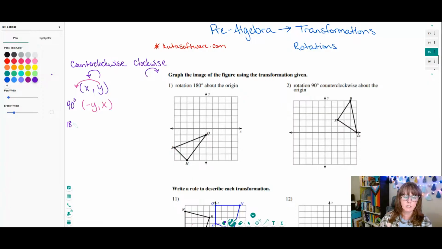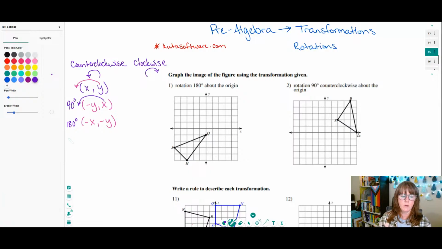Okay, if we're asked to rotate counterclockwise 180 degrees, then we're going to go from here, and we are going to just, again, take whatever was in this one position and move it one more time, rotate it over to the left, and change the sign. So then again, this is going to be negative x, and then that negative y stays the same. It just gets shifted over to the right because the x pushed it out of the way.